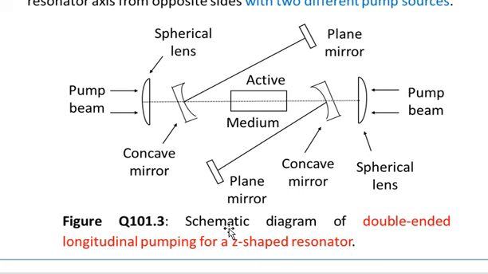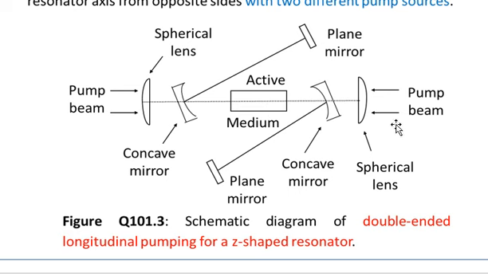The caption of the figure is: schematic diagram of double-ended longitudinal pumping for a Z-shaped resonator. You can see that the pump beam is hitting the spherical lens from the left, and the spherical lens will focus the pump beam from one of the diode lasers at the center of the active medium placed at the center of the resonator. And from the right hand side, you can see that another pump beam is provided by another independent diode source, which is received by a spherical lens, and the spherical lens will focus this pump beam onto the center of the active medium.